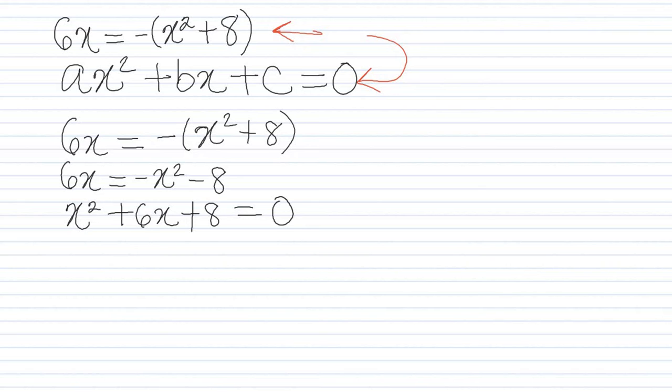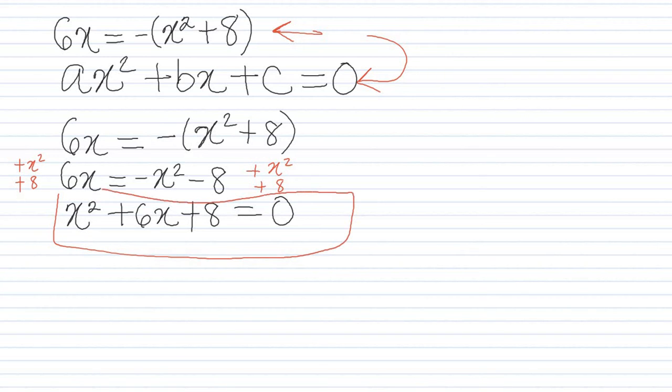We added plus x squared and plus 8 on both sides, and when you do that, the right hand side is 0. So the equation we're going to be working with to solve for the values of x is this equation.